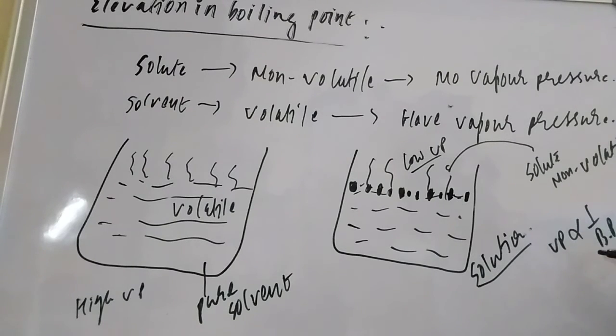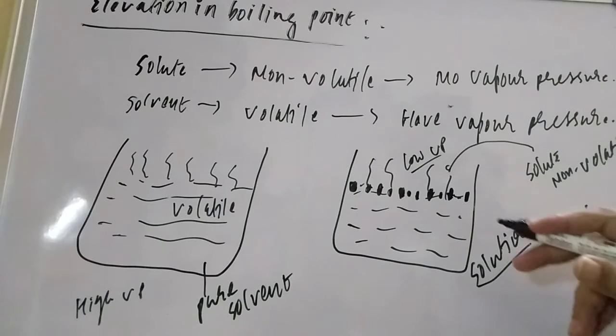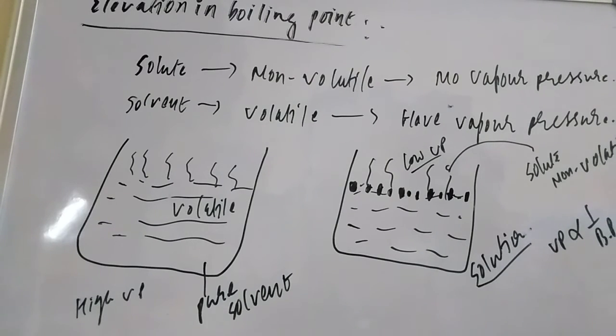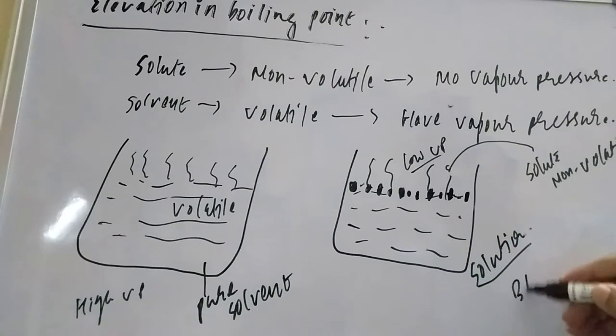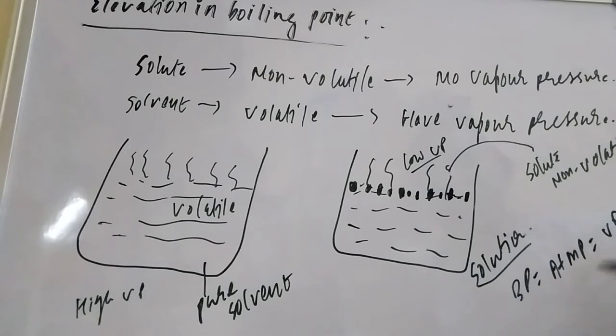If you want to boil, you need to equate the vapor pressure. Actually, it is not inversely proportional, don't try to understand it in this way. Try to understand that the boiling point is when atmospheric pressure equals vapor pressure. Now atmospheric pressure is constant and the vapor pressure is less.